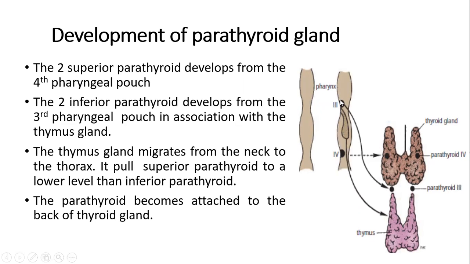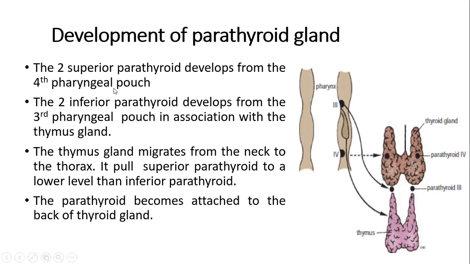They develop from the third, but they descend all the way to the inferior border. So even though they develop from the third pharyngeal pouch, they become the inferior parathyroid glands, and the glands developing from the fourth pouch become the superior parathyroid glands.